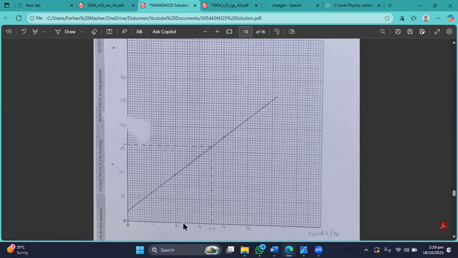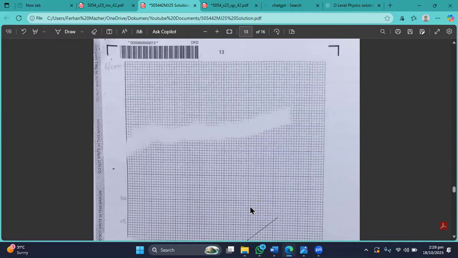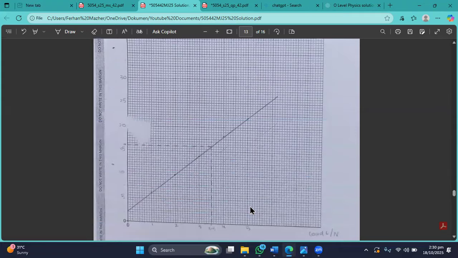So 1 Newton, 2 Newton, 3 Newton, 4 Newton, 5 Newton. And on my y-axis, I have represented the length of the spring in centimeters. 2 centimeters represents 5, so here we have 5, 10, 15, 20, 25, and 30. Then we label this.